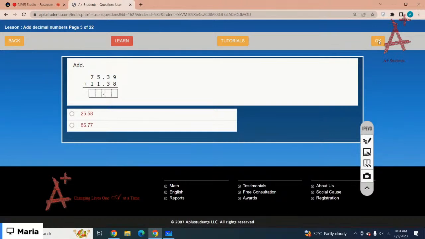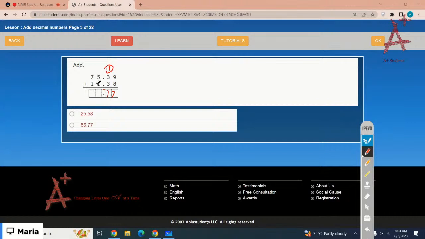Okay, the next one is you have to add 75.39 plus 11.38. So you have to start adding from the rightmost digit. It would be 9 plus 8, so 9 plus 8 is 17. Write 7 here and carry 1. Then you have 3 and 3, 6 and 1, 7. So here you have 7.